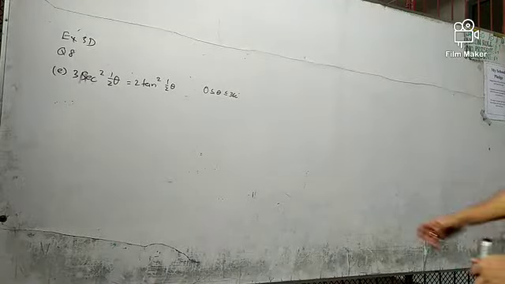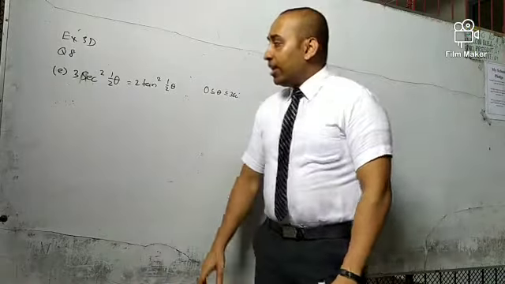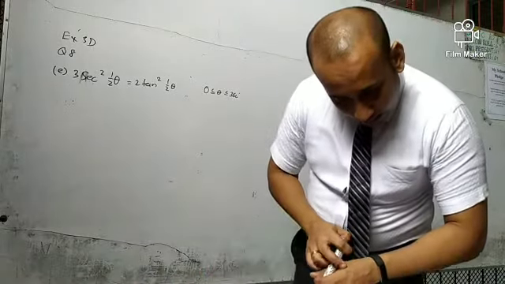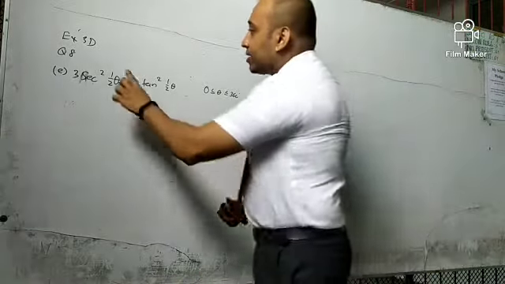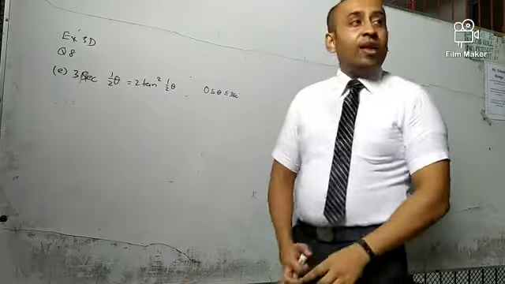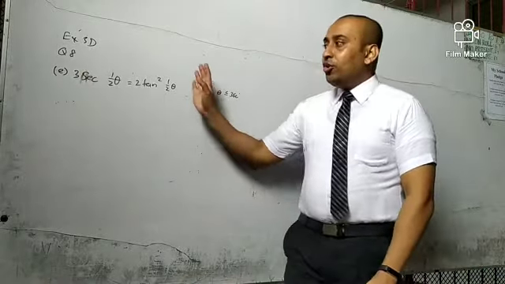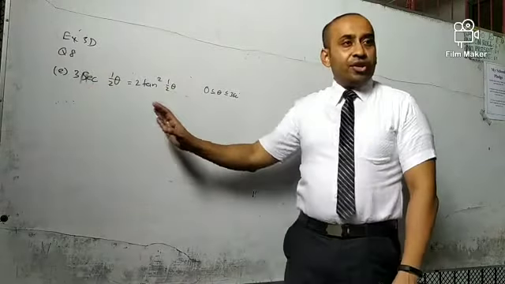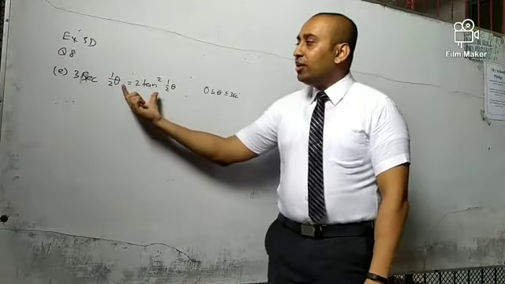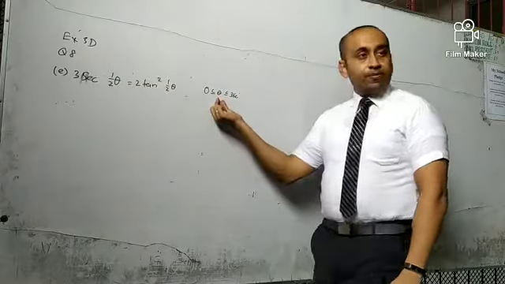When you come to this question, this is not sec squared, sorry, this is sec theta. Before you do anything, the first step is to rearrange the range for this question.